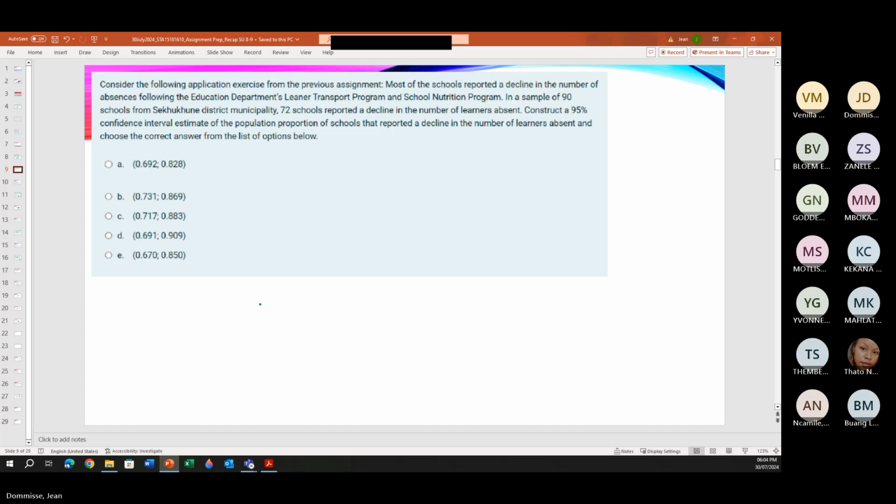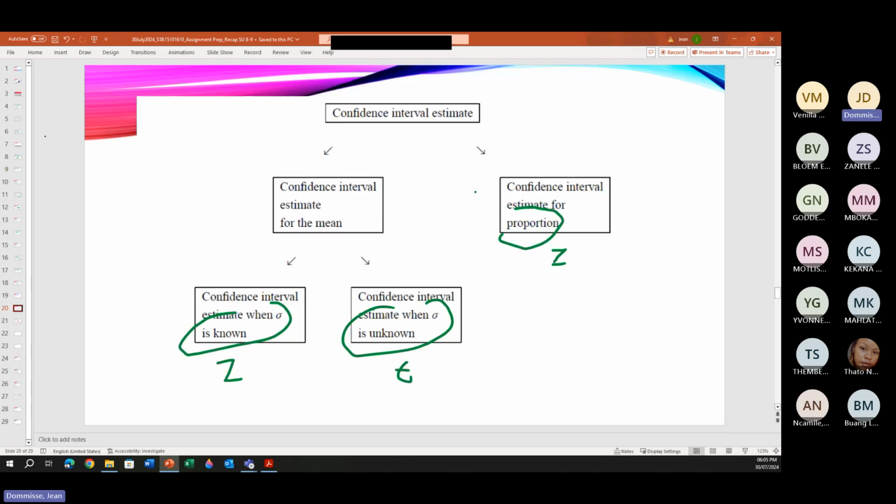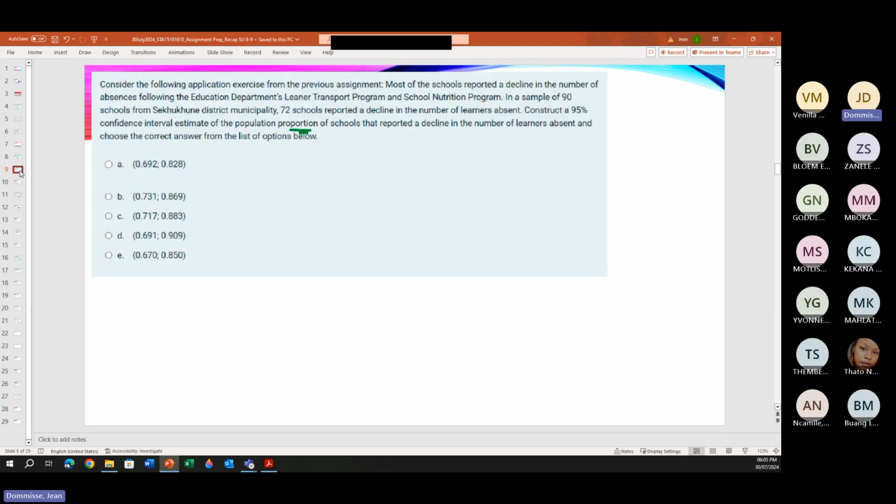Okay, let's look at the next one. And with this one, we see we're working with proportions. What is again important, and I have included it in this pack, is that proportion is always Z. So when we see proportions, always Z. We know that we're working with a Z value.